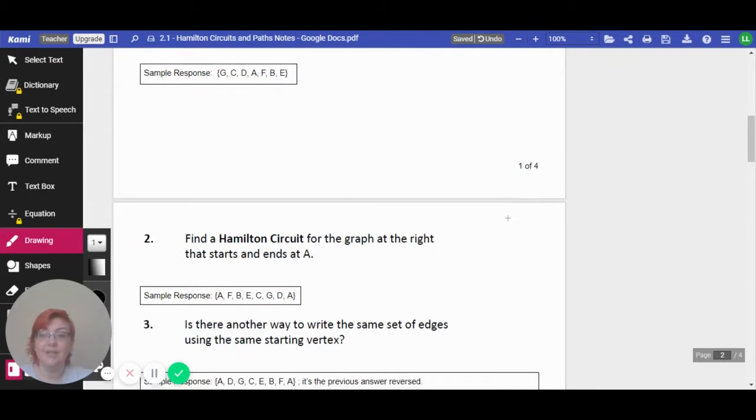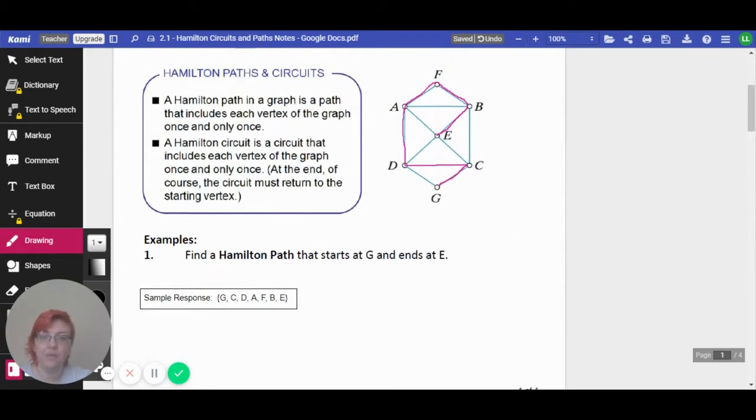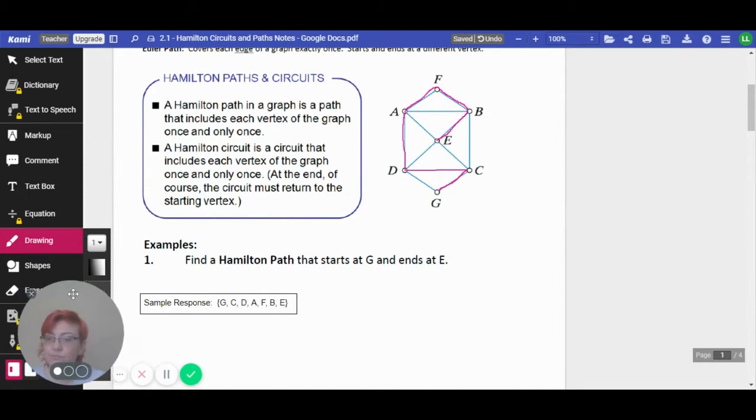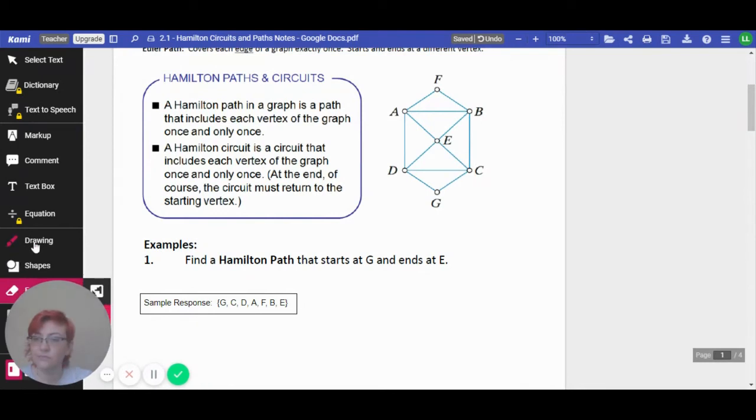All right. Now we're going to use that same graph to find a Hamilton circuit that starts and ends at A. I'm going to erase this one. So from A, and I might not do the one in the key, but there's a lot of different Hamilton circuits that you could find.